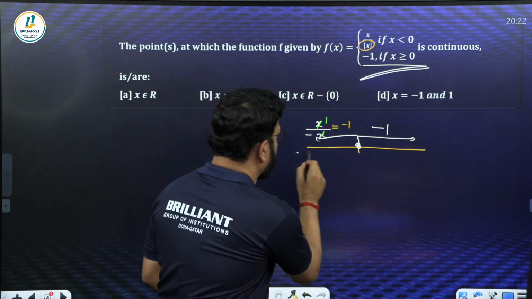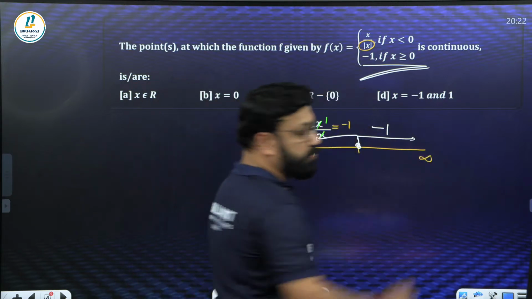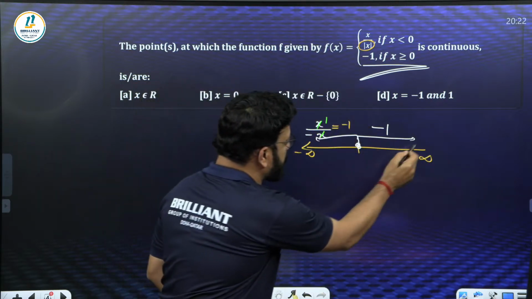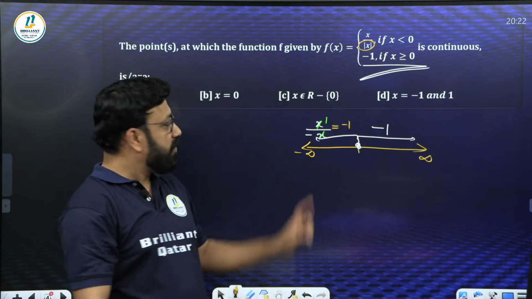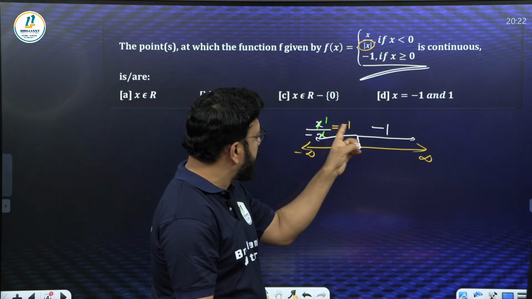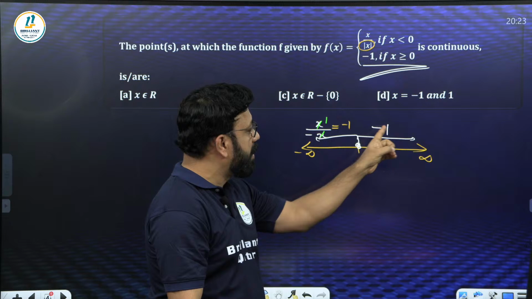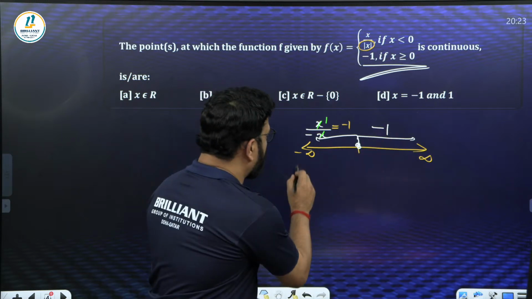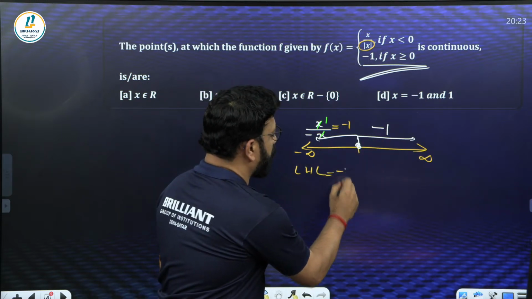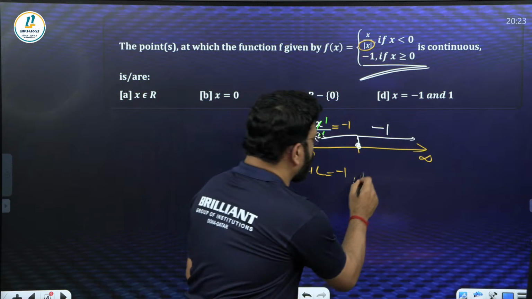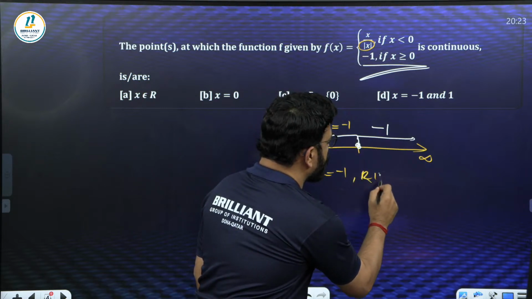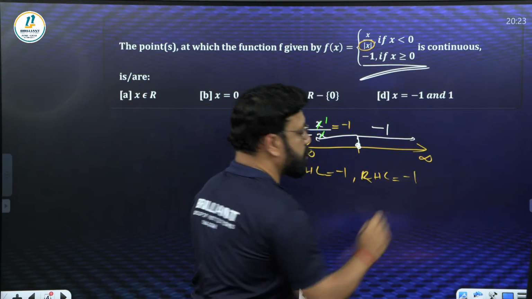Everywhere. You are starting from minus infinity to plus infinity. The y value here you are getting, x by x cancels and minus is there, minus 1, minus 1. So LHL equal to what? Minus 1. RHL equal to what? RHL equal to, yes, right side, minus 1.